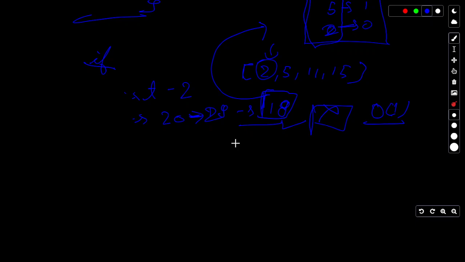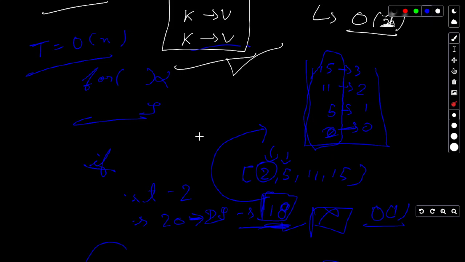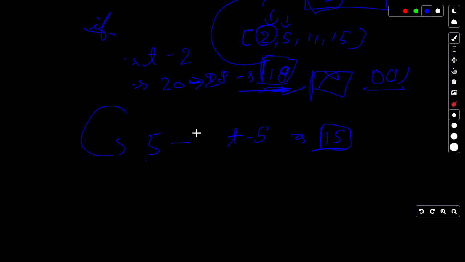So if it tells me that we don't really have this number, we will just look forward to the second index. We will say target minus 5, 20 minus 5, 15. Do we have this number inside the hash map? Yes, we have it at index 3. So we'll be exploring that key within the hash map.